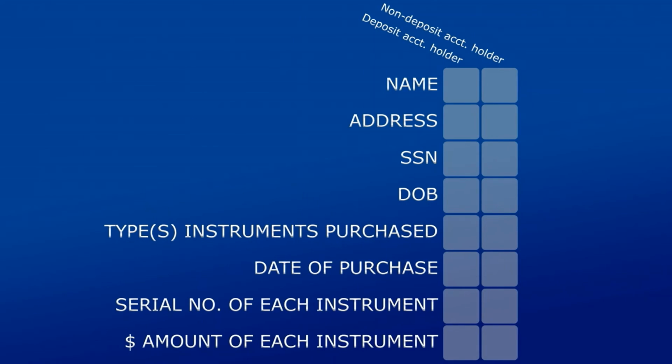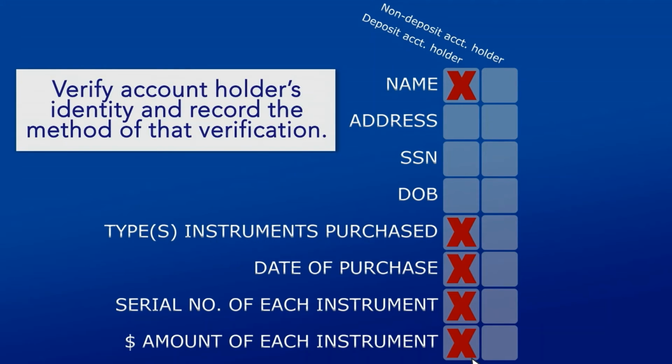If the purchaser has a deposit account with your institution, you must obtain the purchaser's name, date of purchase, type or types of instrument or instruments purchased, serial number of each instrument, and the dollar amount of each instrument. You also must verify that the individual is a deposit account holder or verify the individual's identity using normally accepted identification procedures. The method of verification must also be noted.